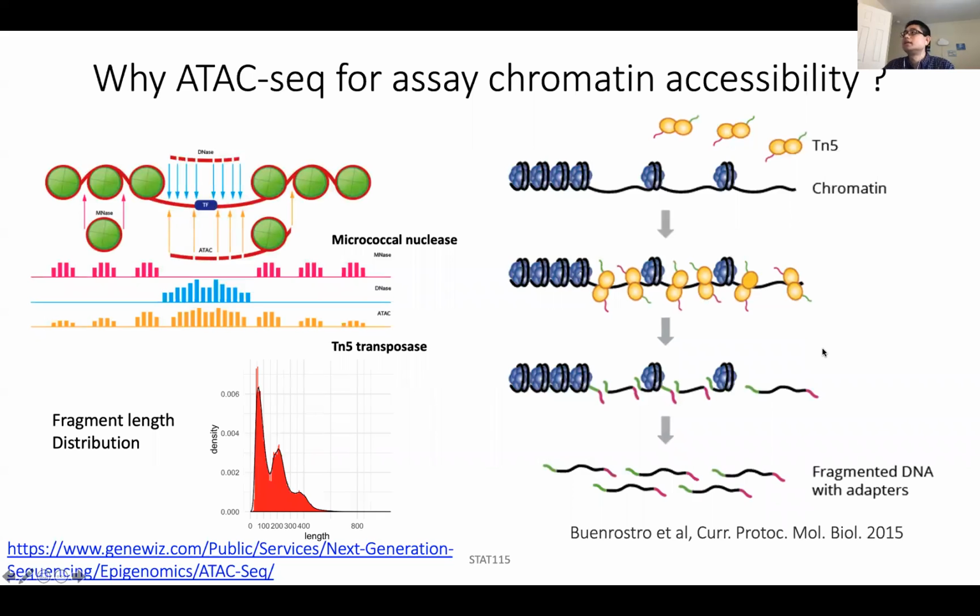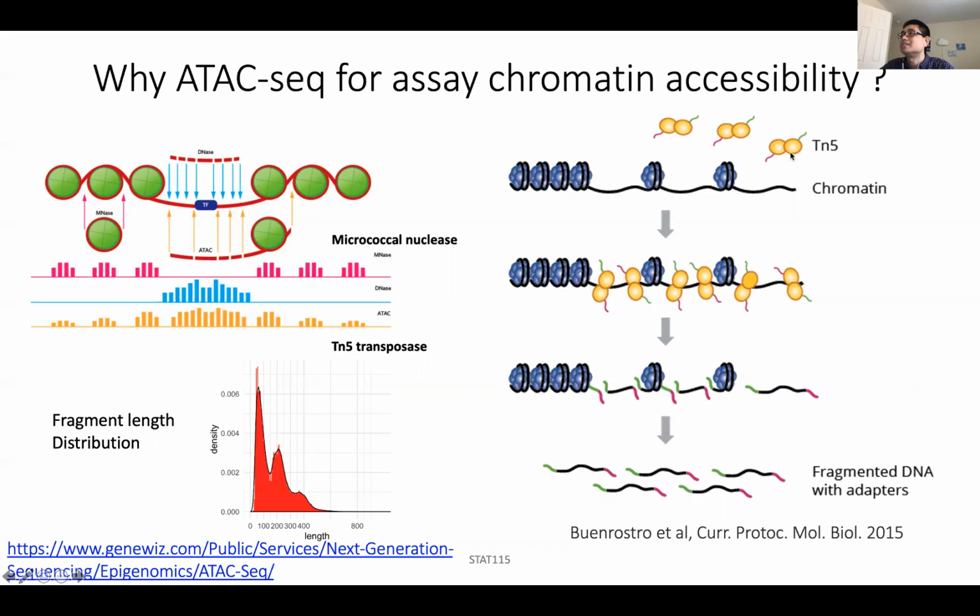Okay. We know DNA wraps on nucleosomes in eukaryotes, and transcription is tightly controlled by transcription factors. The accessibility of a chromatin region to a specific TF is critical in gene regulation. So ATAC-seq, or assay for transposase-accessible chromatin with high-throughput sequencing, is a method for determining chromatin accessibility across the genome.